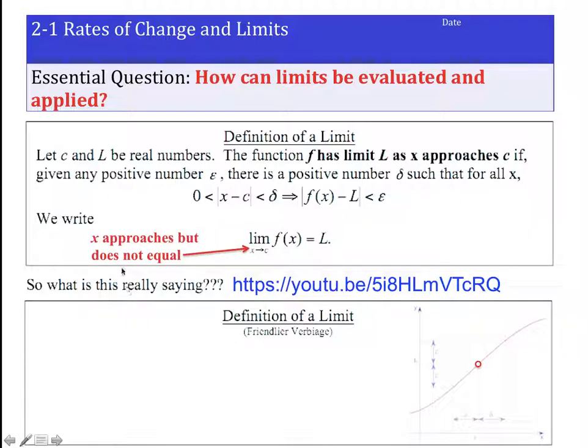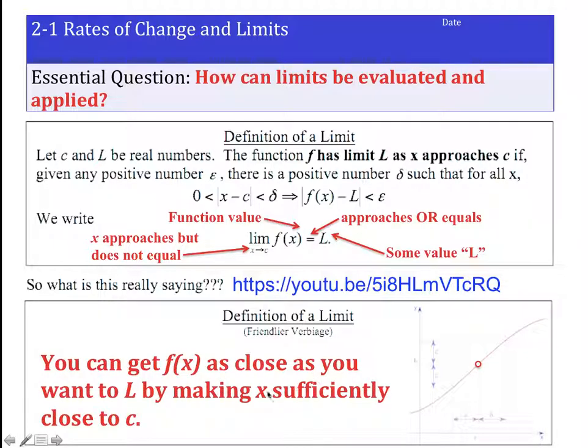So a couple of things to note: the x is approaching a value c, and this is the output, the function value. So as x approaches c, the function value approaches or equals some value L. And just like they were saying in the video, you can get the function as close as you want to L by making x sufficiently close to c.